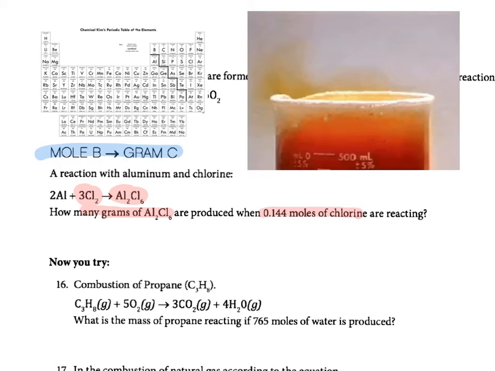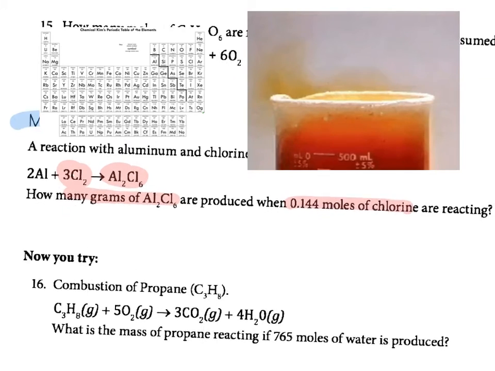Well, I can do the same thing I did in the last example, but then I'm going to add on a step. So my first task is to get my quantities of moles of chlorine to moles of Al2Cl6. So I do want to do that bridge step first.